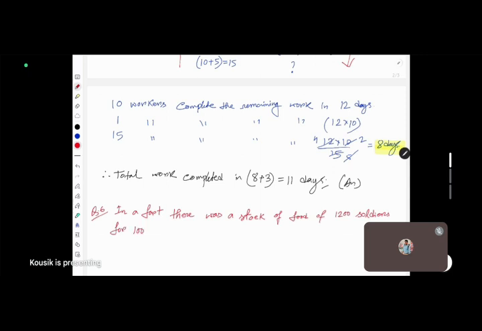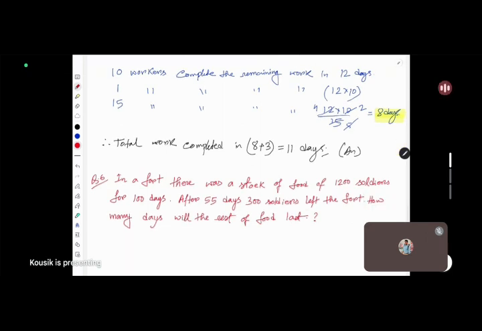In a fort there was a stock of food of 1200 soldiers for 100 days.